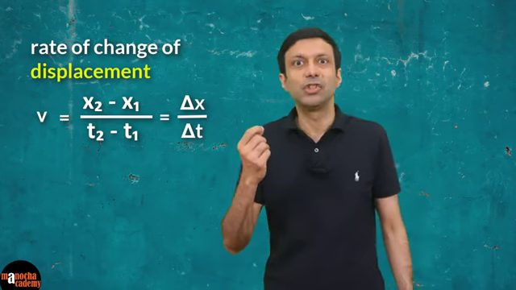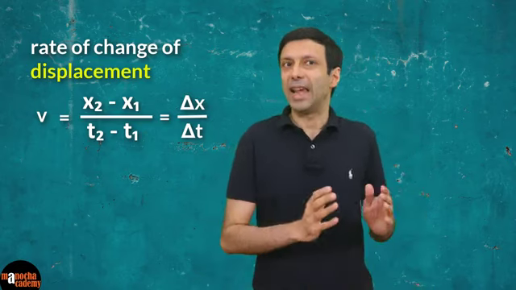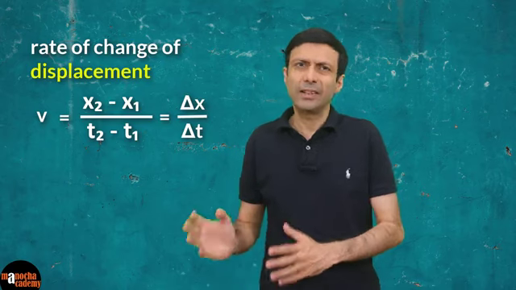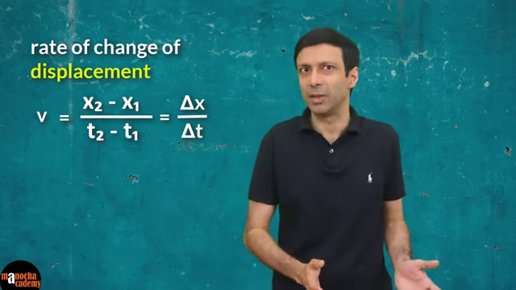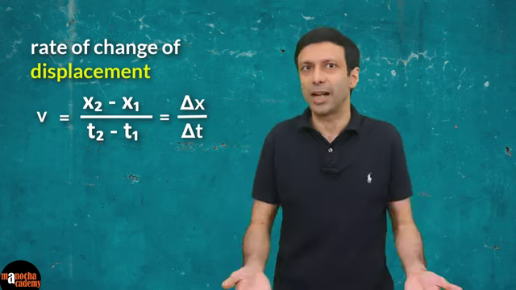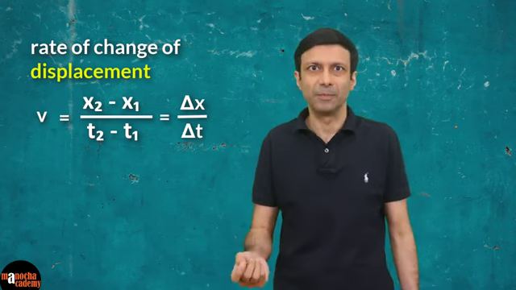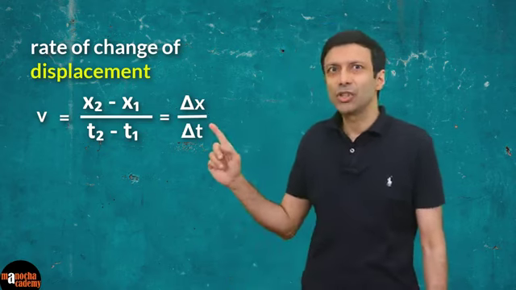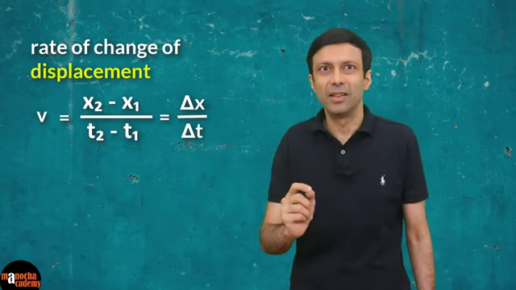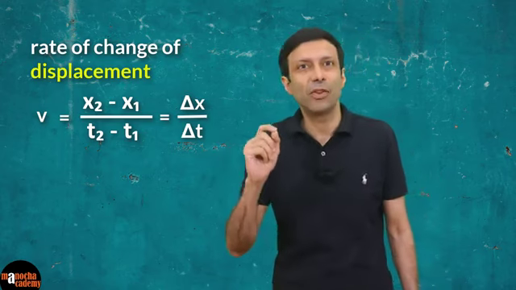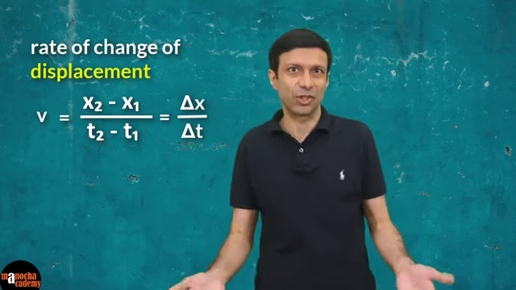Delta x represents the change in displacement, which is x2 minus x1, the final displacement minus the initial displacement, and delta t is the change in time, t2 minus t1. Now you can see that there is a dash or an arrow above the v, which represents that velocity is a vector quantity. It has a direction.